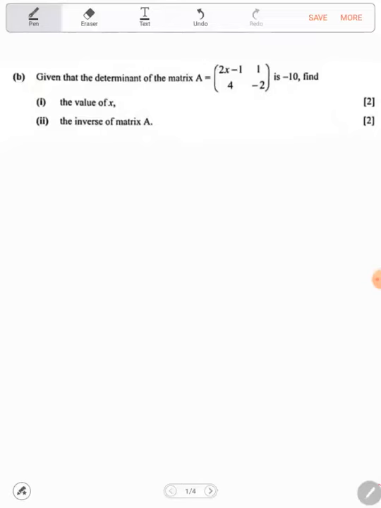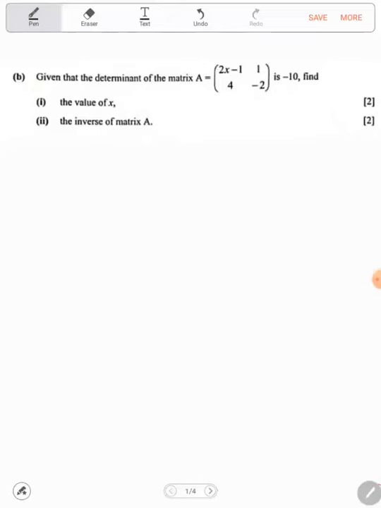So the determinant of Q is equal to 8 times x minus 4 times 12. Let's now expand this. 8 times x is 8x.